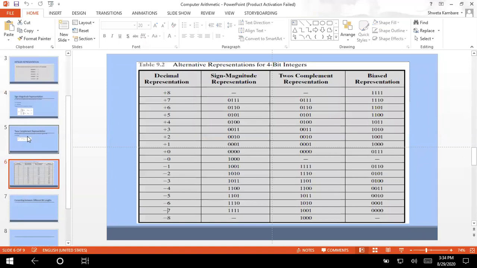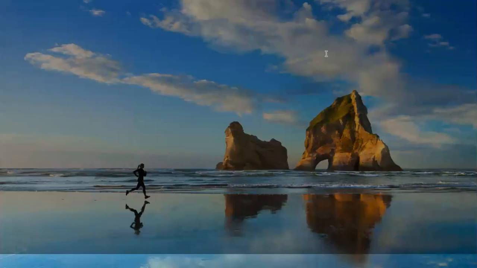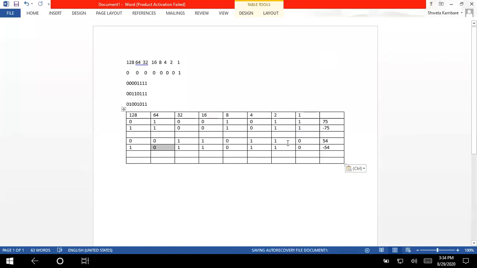So let's go to these numbers. Whatever you can see here, minus 75, minus 54, this is your sign magnitude representation. When will the problem arise? When you want to represent a bigger number than 64, right?